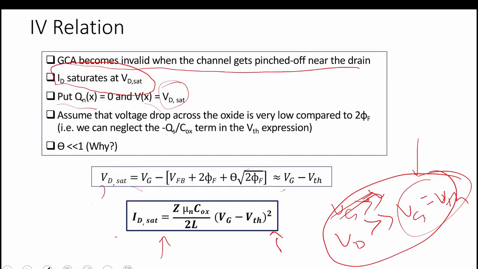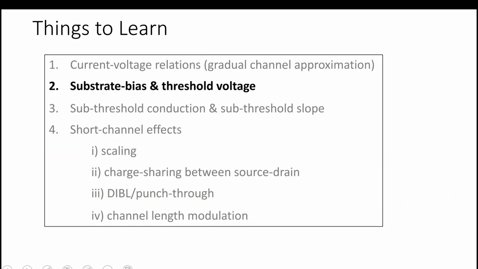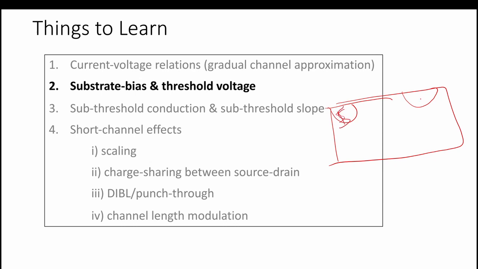Okay, these are fine. Now let us see the effect of the substrate bias on the threshold voltage. So initially, this is the source, this is the drain, and this is the gate.